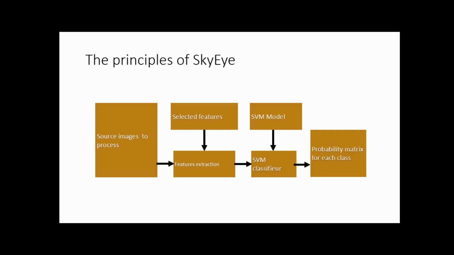Then it generates in output a probability map of every pixel of the raster image you want to predict, with a probability matrix corresponding to the chances for each pixel to be part of each class.